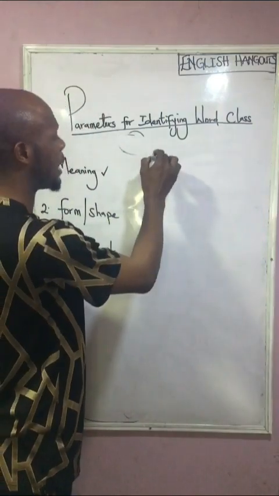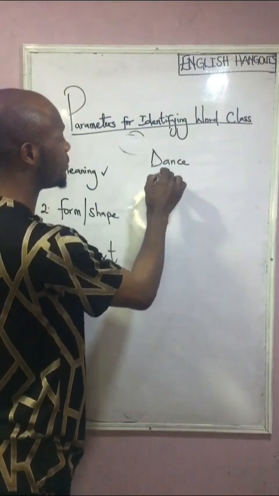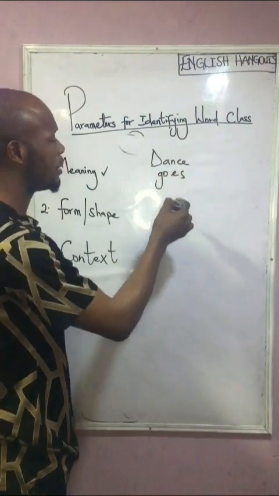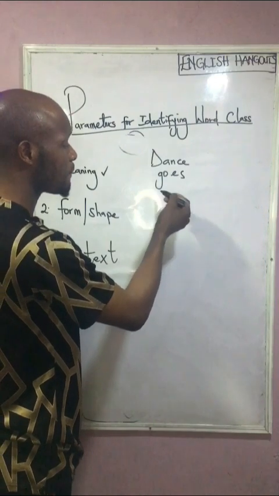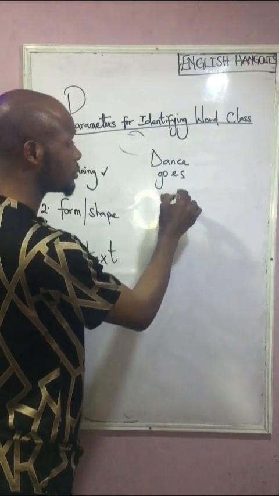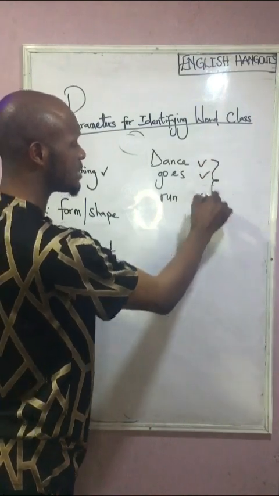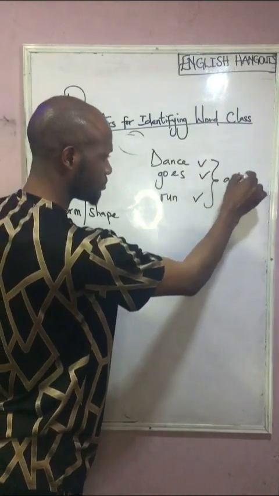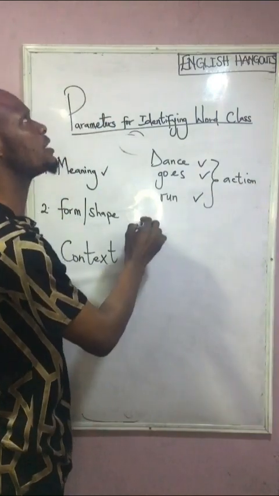For verbs, we can have dance, we can have goes, we can have run. All of these lexical items indicate actions, right?